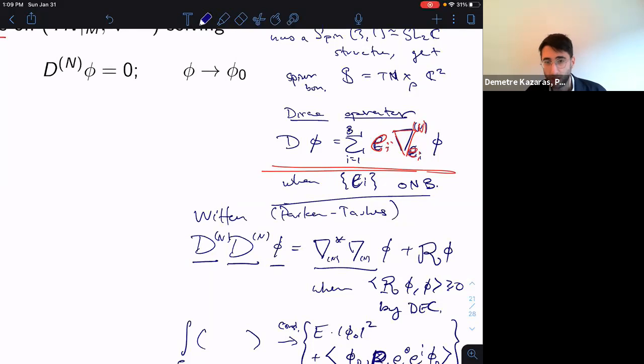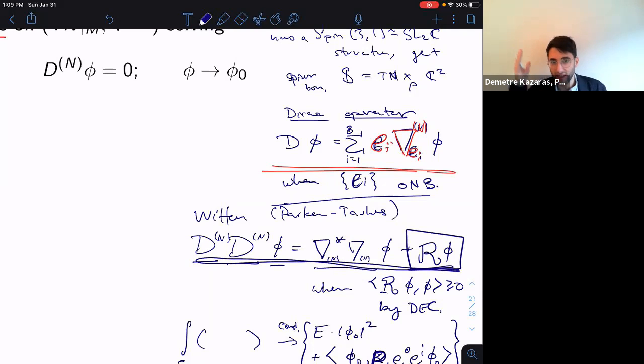The spinor bundle gets this gradient, and you can form a Laplacian out of that. The left and right hand sides of this equation are both spinors. And on a curved manifold, there is an error term that comes from the curvature.